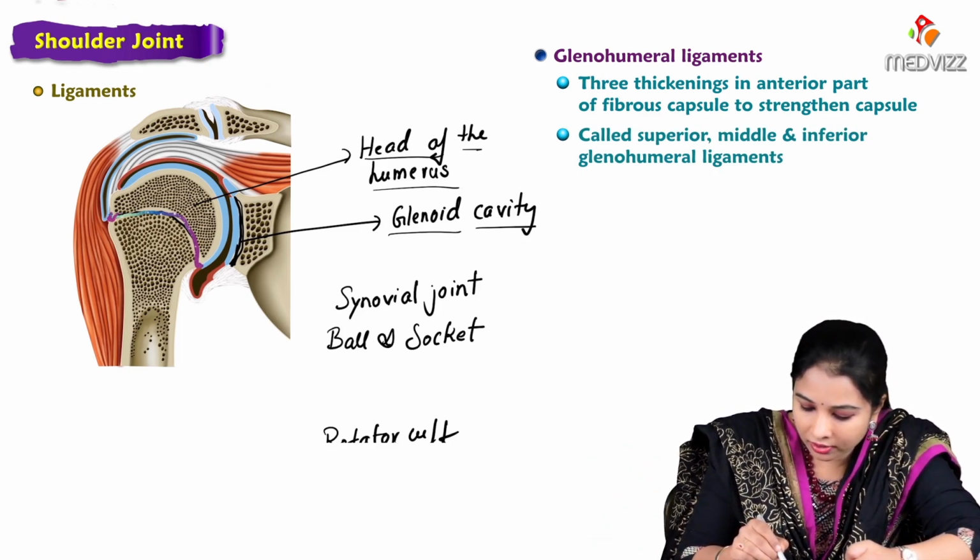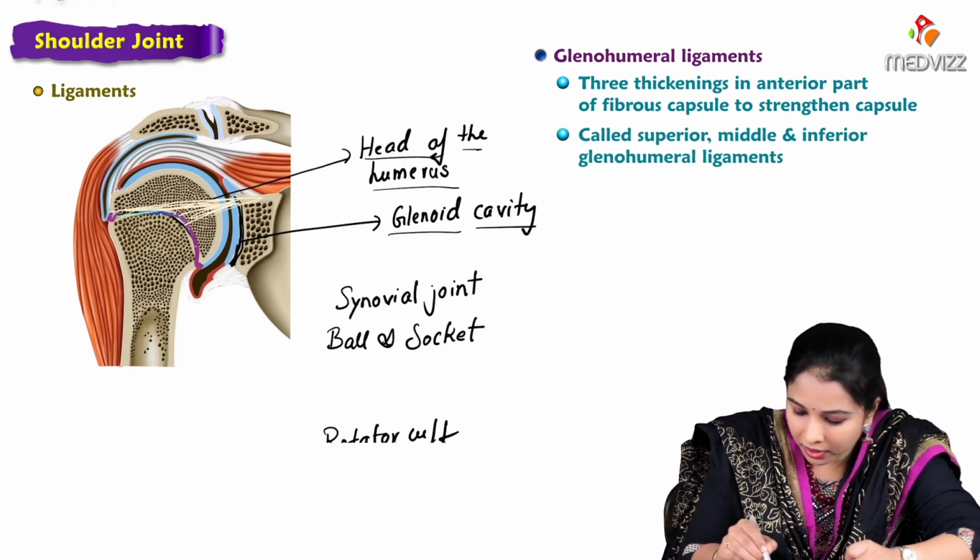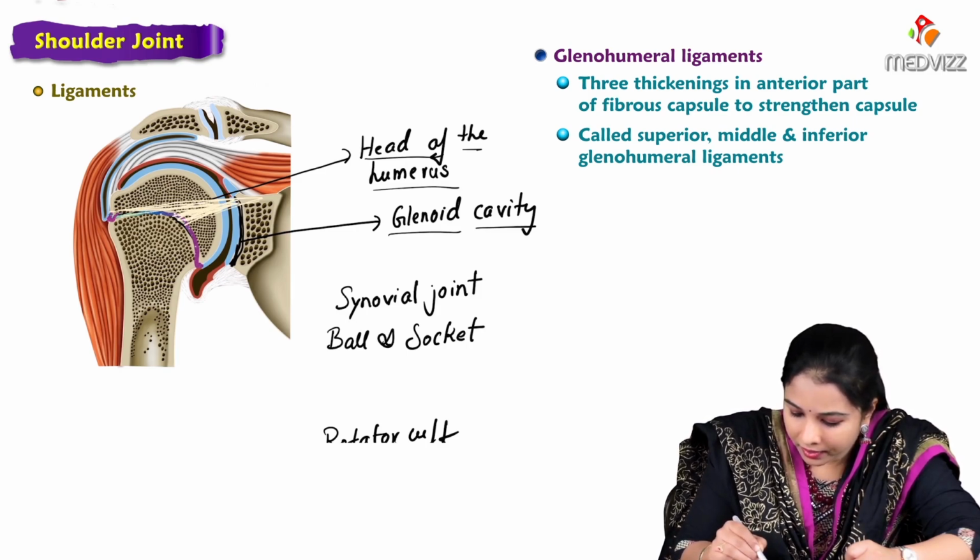This is the greater tubercle. From here to the glenoid, this is the superior glenohumeral ligament. Here is the middle glenohumeral ligament, and down below is the inferior glenohumeral ligament.